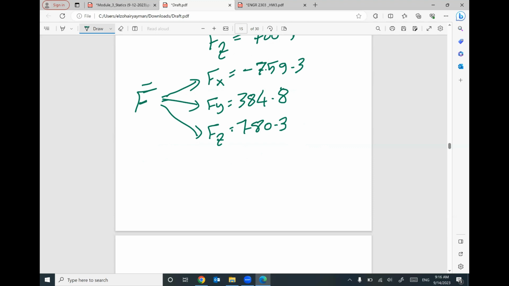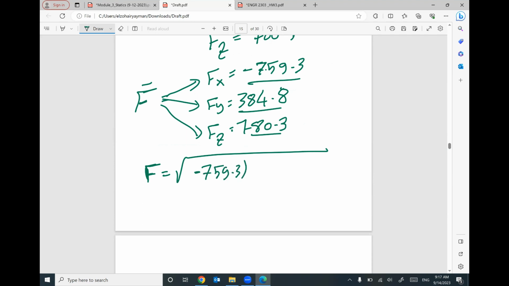If you are looking for the force itself, it will be the square root of these components squared.